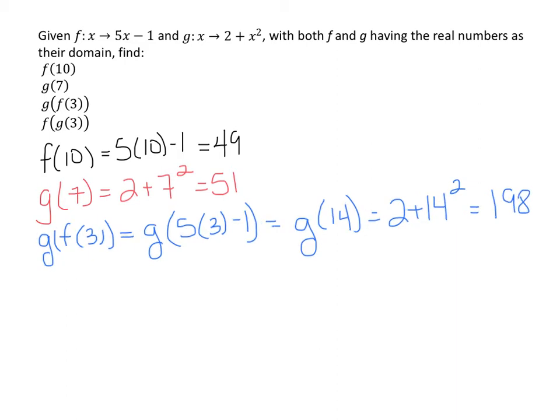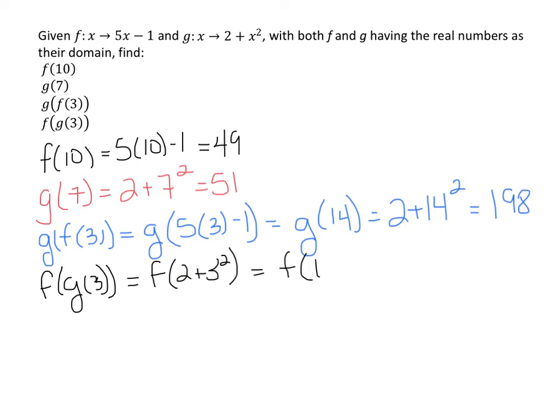We can do the same thing with f of g of 3. So g of 3 is 2 plus 3 squared, which is 9 plus 2, which is 11. So I'll take f of 11, and that's 54.